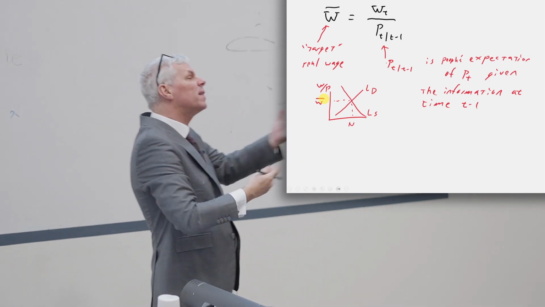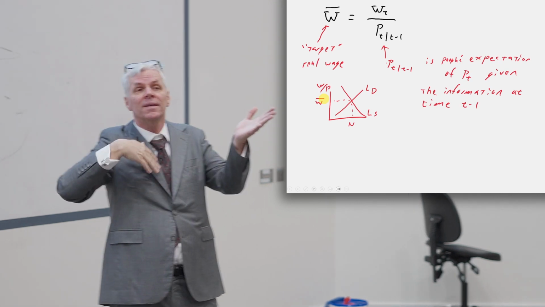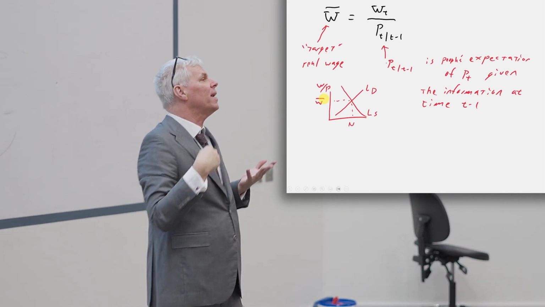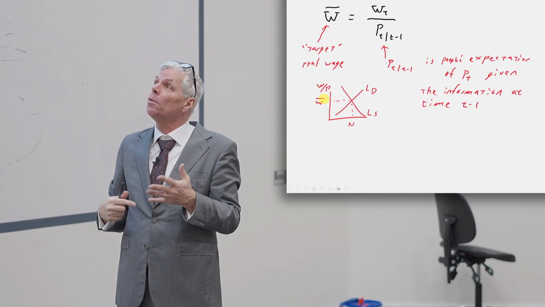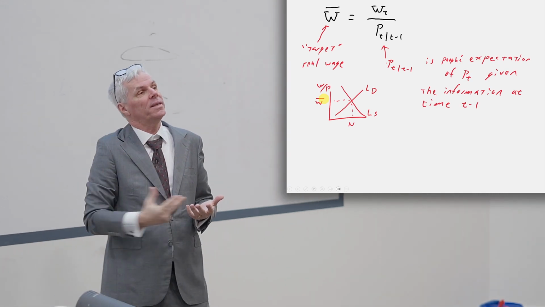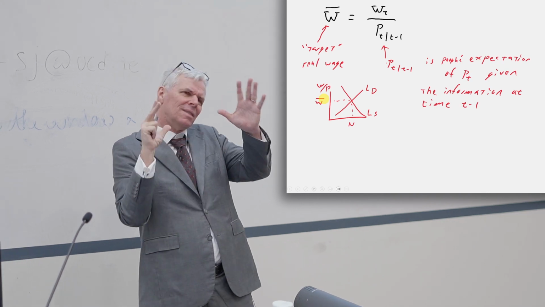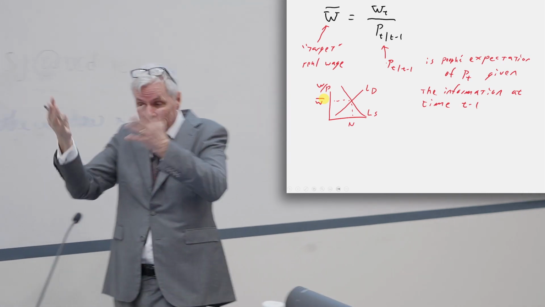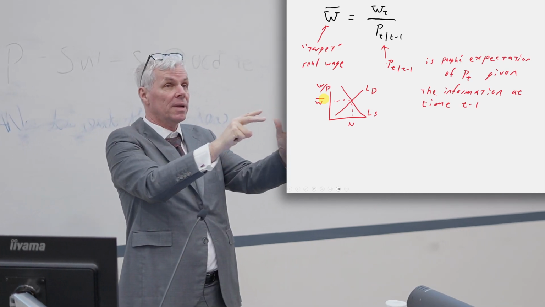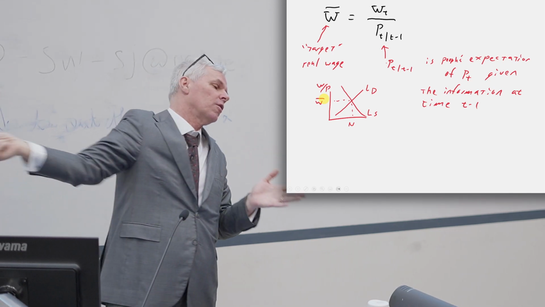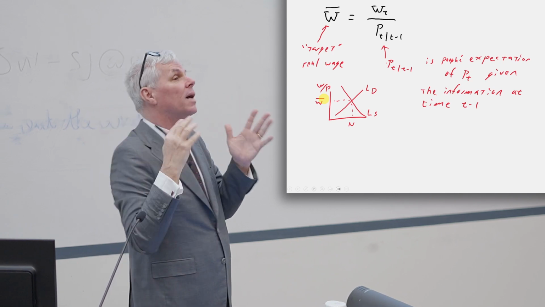So if we knew everything with certainty, which we don't, that would be our W bar, something coming out of the labor market. Now, we're not going to have anything useful to say in this version of the model about what W bar is, but we're going to take it as constant in the same way that we did when we were telling the augmented Phillips curve model. We're just going to say there's some labor market doing its thing. If everything was certain and known, it would come up with some real wage. Workers wanting everything, firms wanting to give them nothing. Somewhere in the middle they meet. Lots to explain there, but we're not going to do it here.